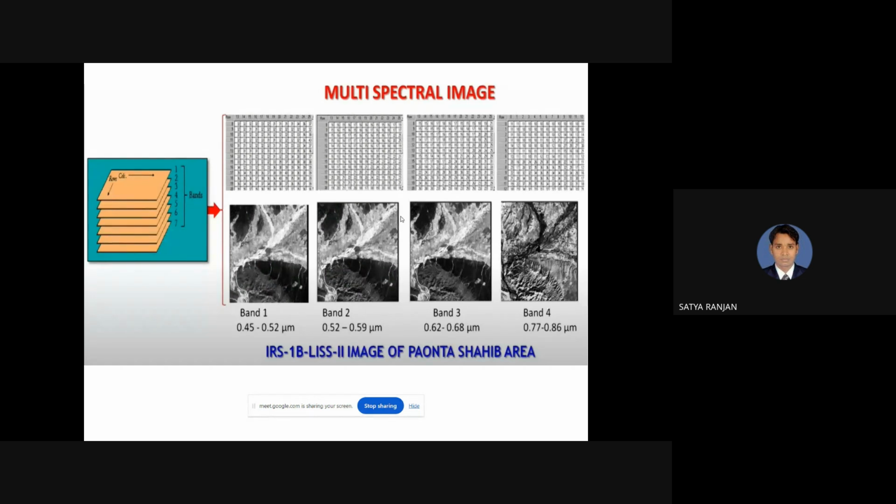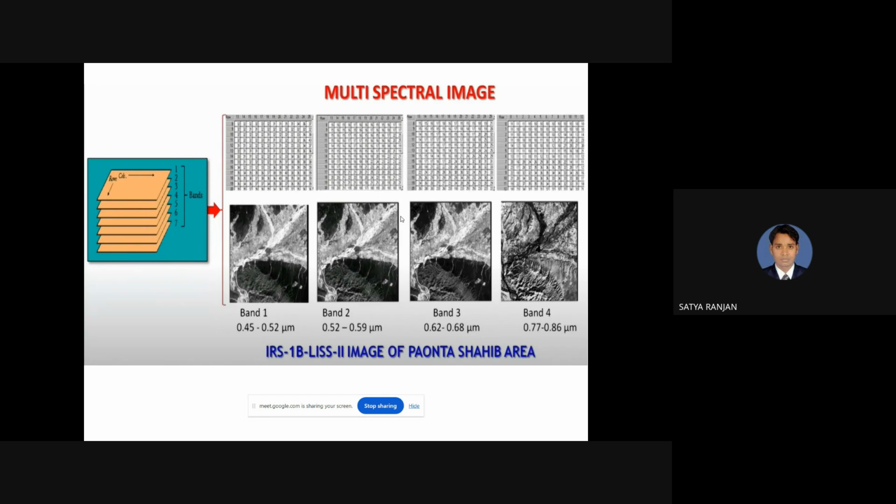In this picture, band 1 is the blue band, 0.45 to 0.52 micrometer, which is the wavelength of this band. Then band 2 is 0.52 to 0.59 micrometer. 1 micrometer is 10 to the power minus 6 meter, so this is a very narrow wavelength.